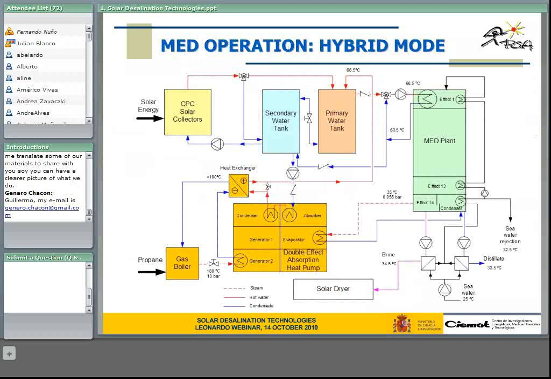At a certain moment, when the temperature of the water from the solar field is lower than the operational one, we shut down the solar collector and, energetically speaking, feed the MED plant just with the gas boiler.